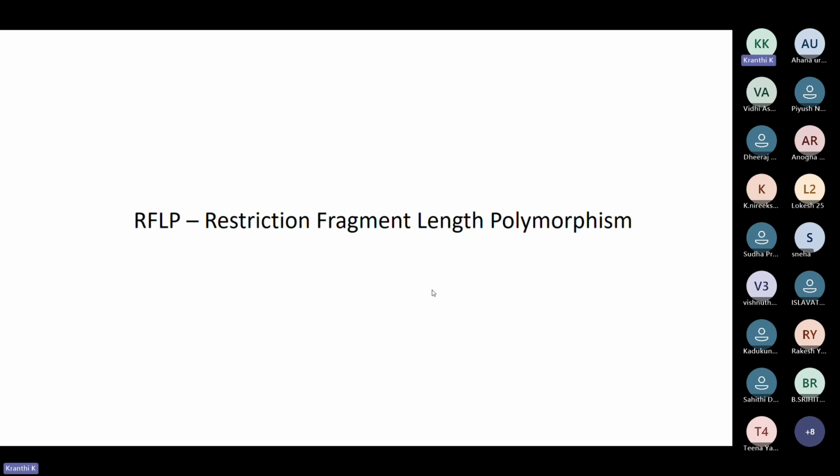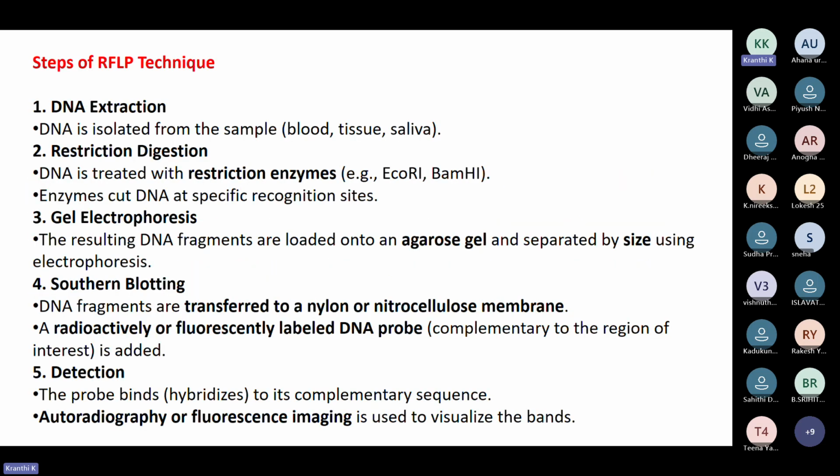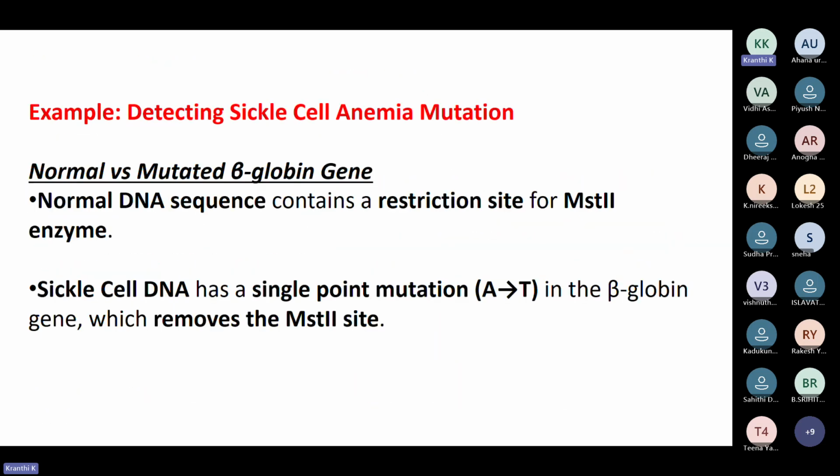Cut with the enzyme. If you are getting small bands, that is okay. If you are getting big bands, the mutation happened, and your enzyme is not cutting in that particular sequence. Clear? That's it. So this is about the RFLP. You can expect this as a small question, right?